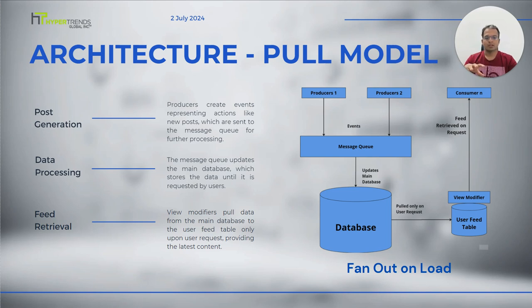In general, there is no rocket science here, or no one-size-fits-all model, right? It doesn't mean the push model is the best possible approach, or the pull model is the best fit for all solutions. So it depends on the requirements. Both of these architectures have their own limitations and their own advantages, right?